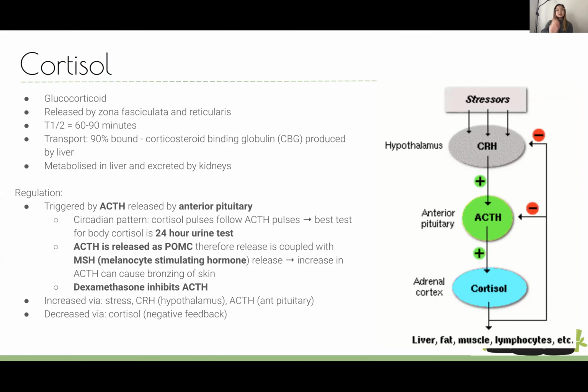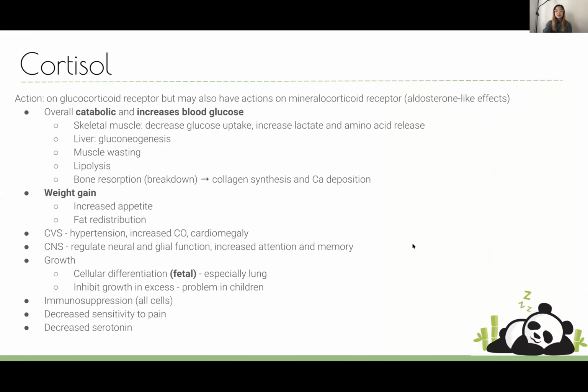You get an increase in cortisol, your stress hormone, via things like stress, CRH and ACTH, and then it's decreased via cortisol itself. Its action is on glucocorticoid receptors, but sometimes it also acts on mineralocorticoid receptors, which means it can have some aldosterone-like effects.